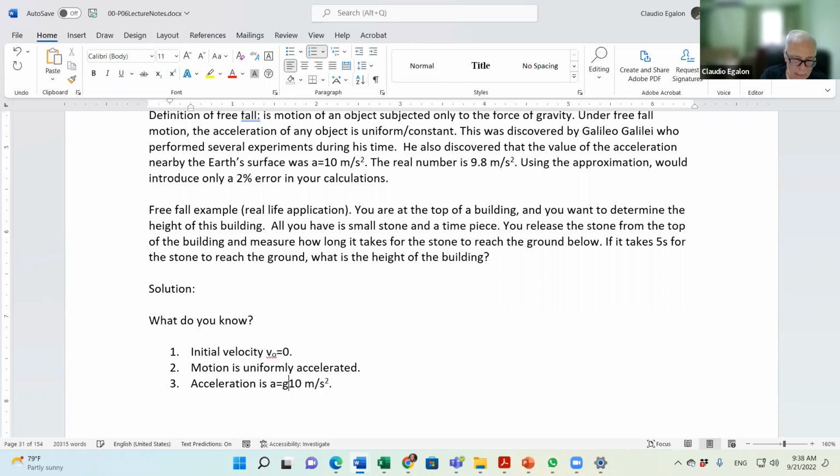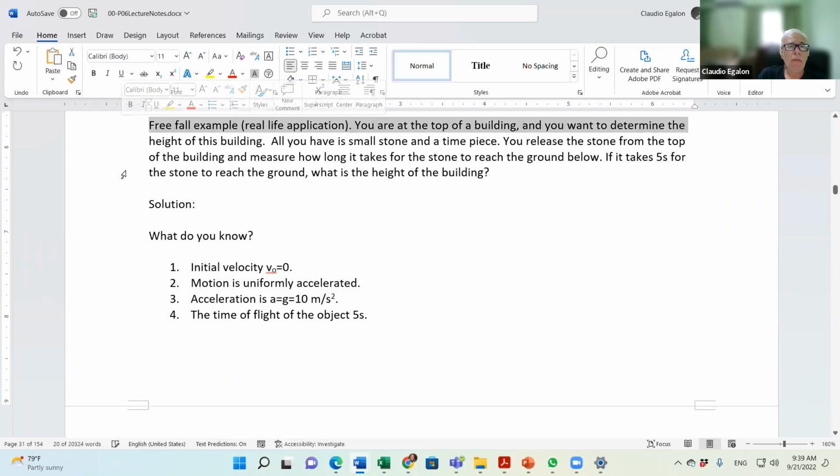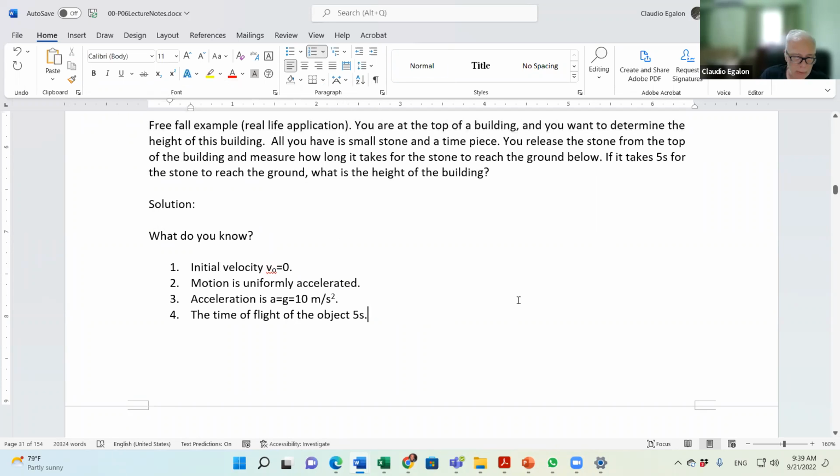A is usually denoted by g. And you know the time of flight of the object, which is 5 seconds. Those are the pieces of information that you know. Is there anything else that we know? Free fall, top of the building, and you want to find out the height of the building. So you want to find out y.